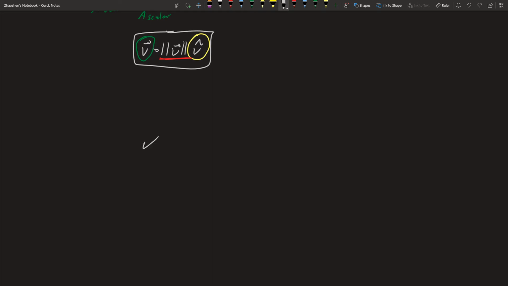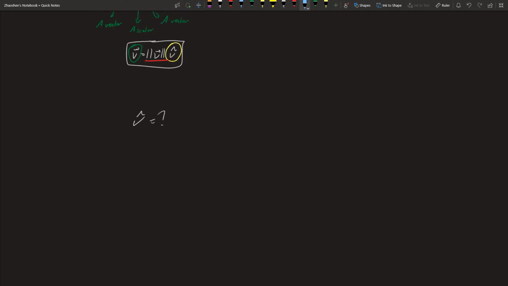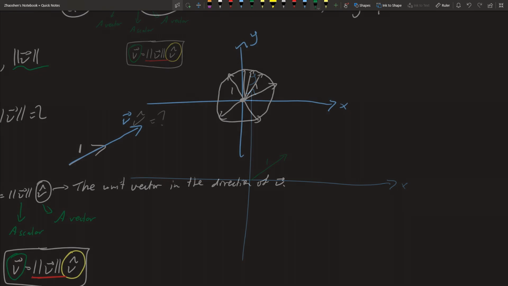How do we actually calculate v hat, the unit vector in its direction? How do we calculate this? Now, let me draw my coordinate axes real big this time, x and y. We want to calculate v hat, which has a magnitude of 1, right? All unit vectors have magnitudes of 1.